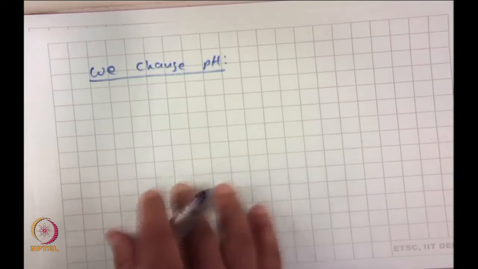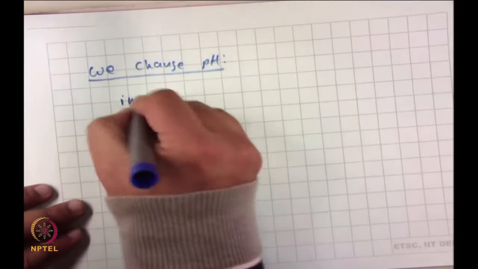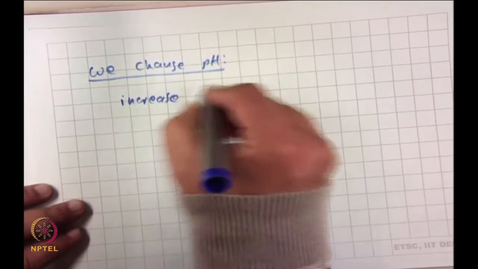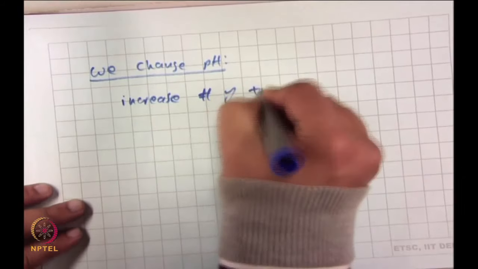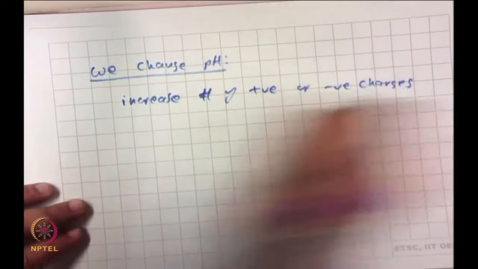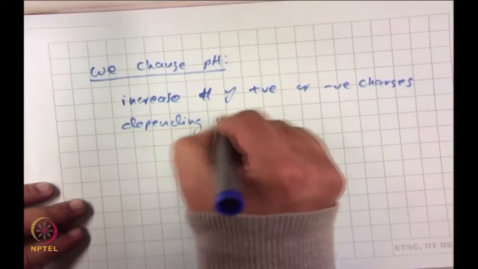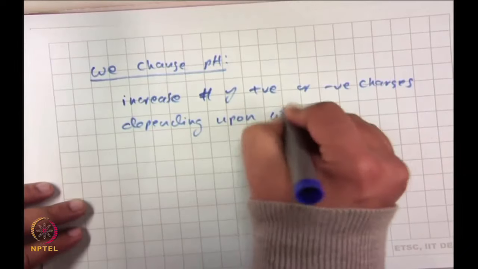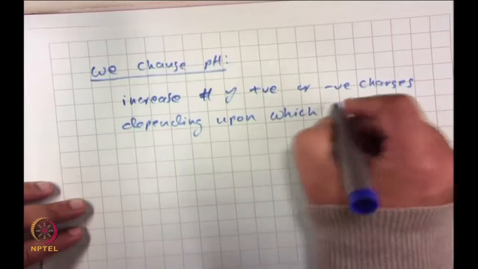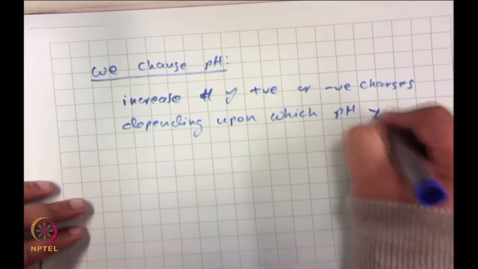All right. So, what will happen? Based on this, you will increase the number of positive or negative charges, right, depending upon which pH you are going to.